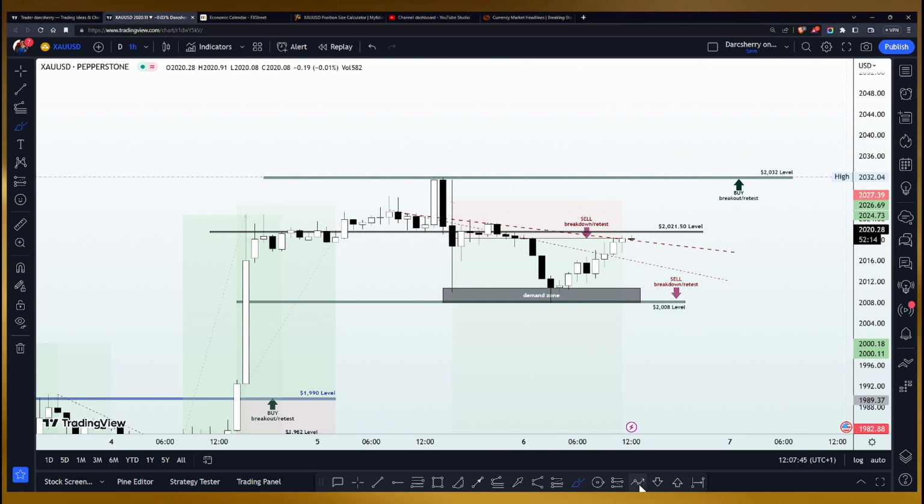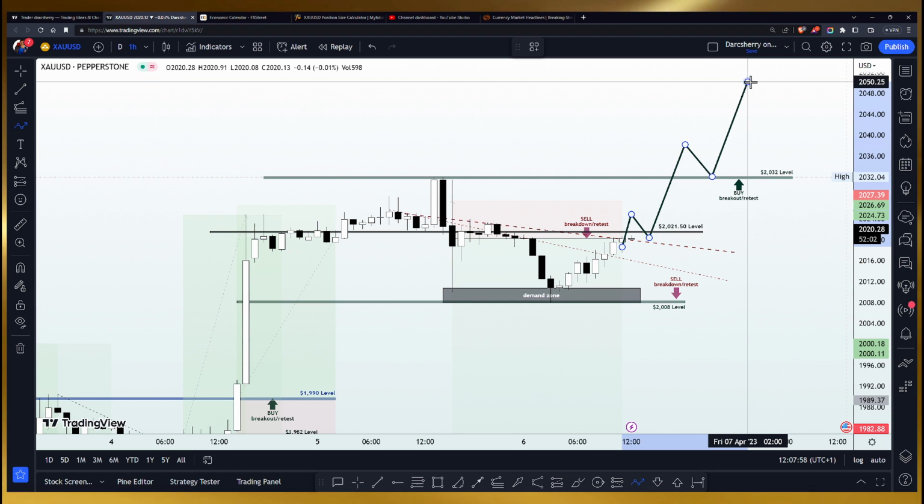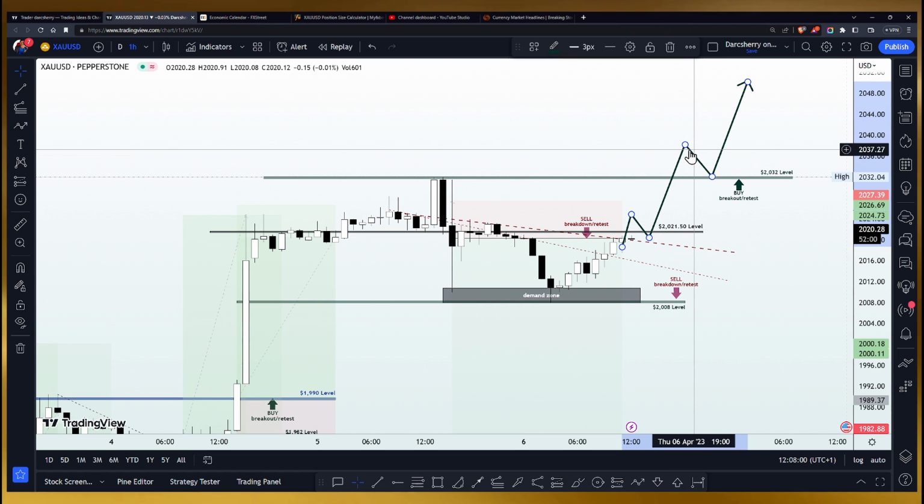So I said for us to buy the XAUUSD at this juncture, we want a breakout retest of structure, then we could join. Then a further breakout of the highest point at the $2,032 level will welcome additional position in this market.